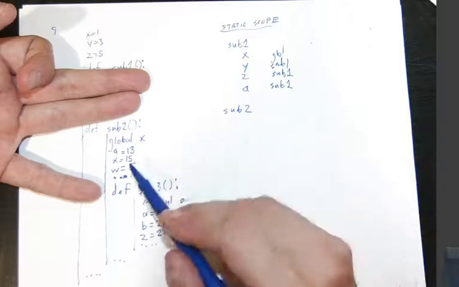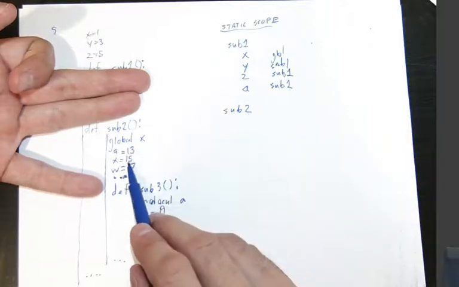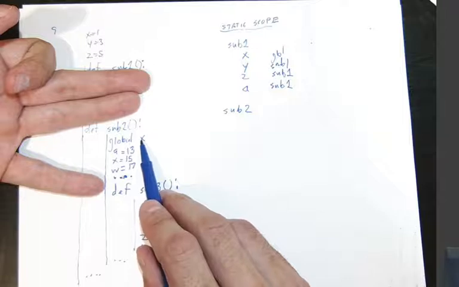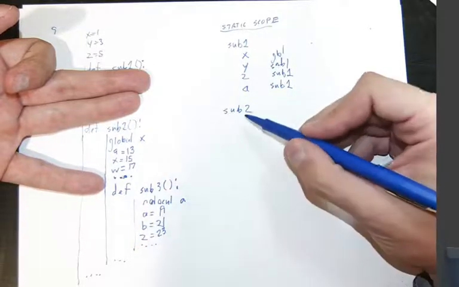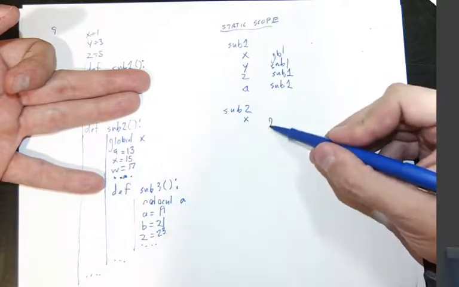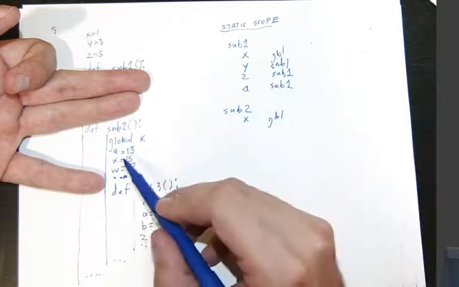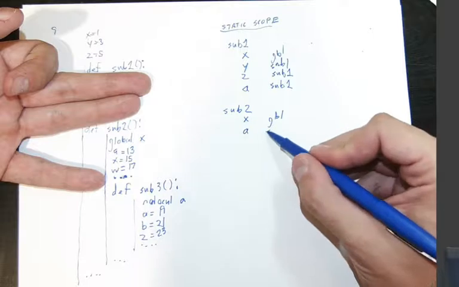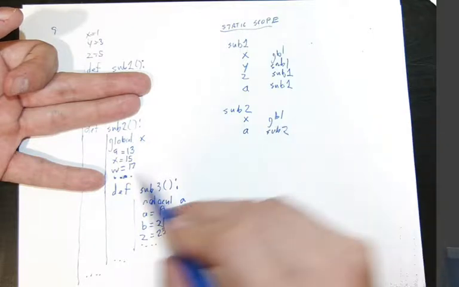So in sub2, even though we see ourselves assigning to x, it's still using the global x, right? So x is global. We have an A, which is going to be local to sub2, because it doesn't exist globally.